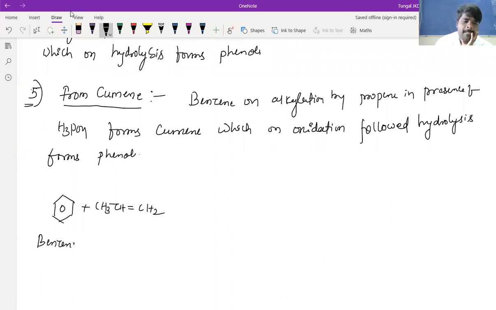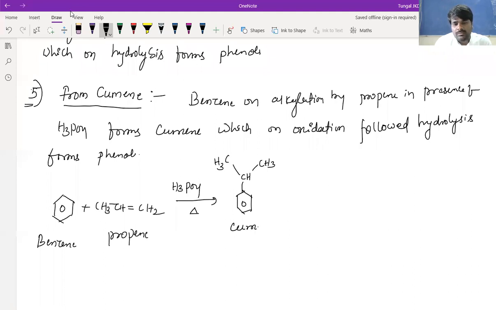In presence of H3PO4 at a temperature of around 350 degrees Celsius, it forms a compound. This you call cumene.